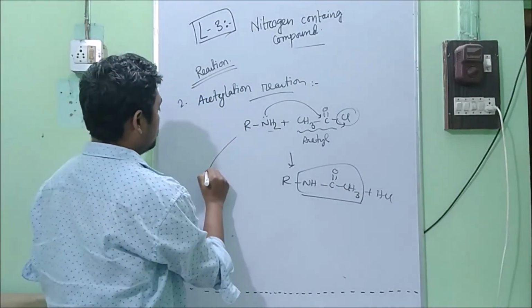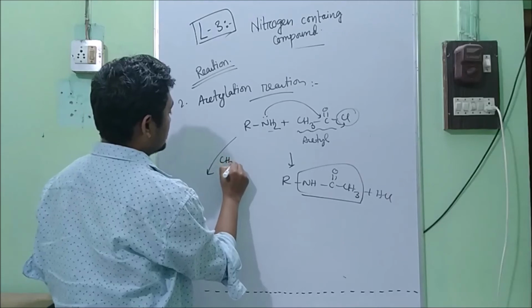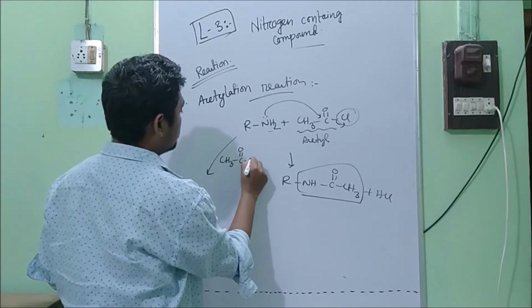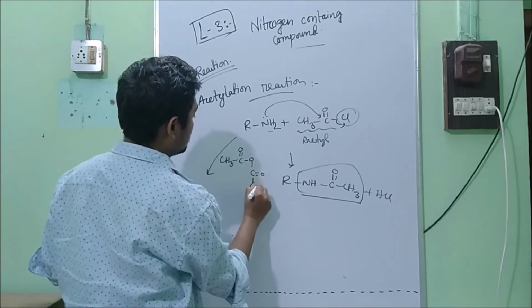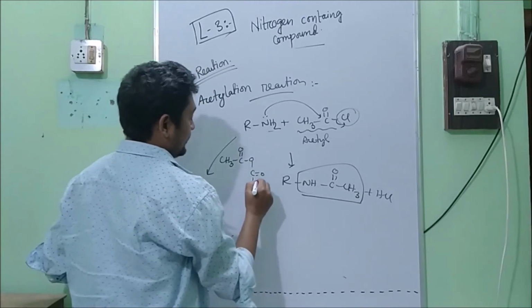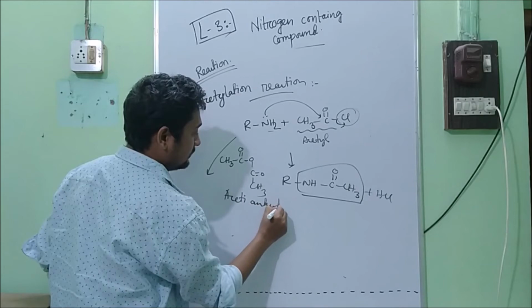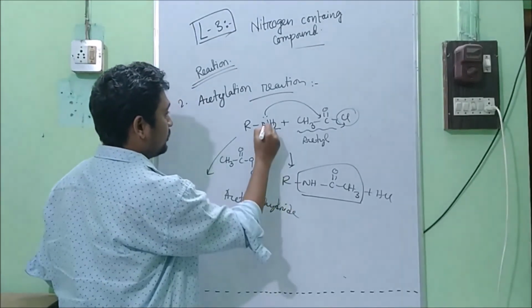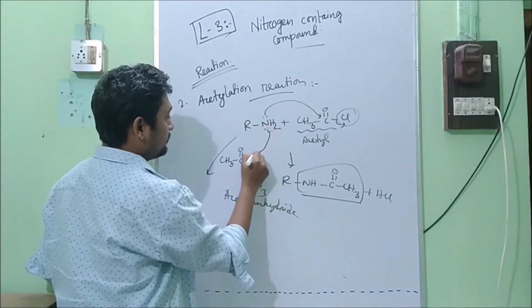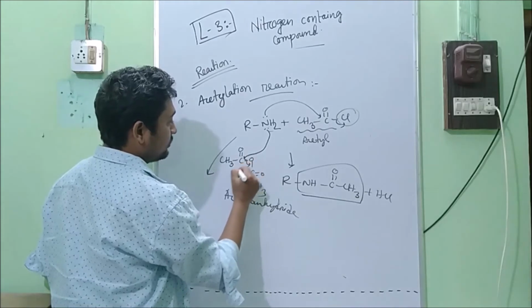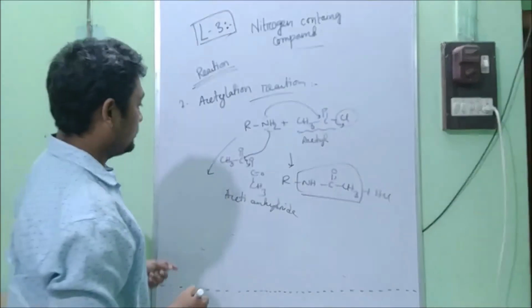Or you can also use CH3COOCOCH3. This is acetic anhydride. So the lone pair will attack here, and this group will go out.